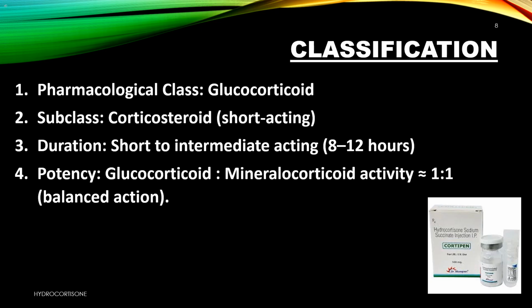Duration. Hydrocortisone has a short to intermediate duration of action, lasting approximately 8 to 12 hours, which allows for flexible dosing and titration. 4. Potency. Hydrocortisone has a balanced action, with a glucocorticoid to mineralocorticoid activity ratio of approximately 1:1, meaning it has both glucocorticoid and mineralocorticoid effects, making it suitable for replacement therapy in adrenal insufficiency.